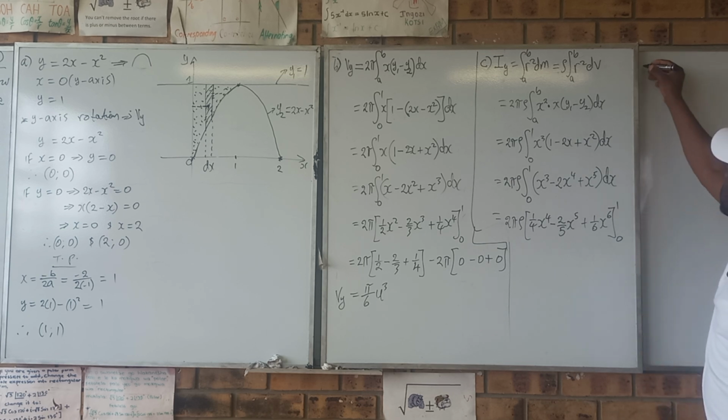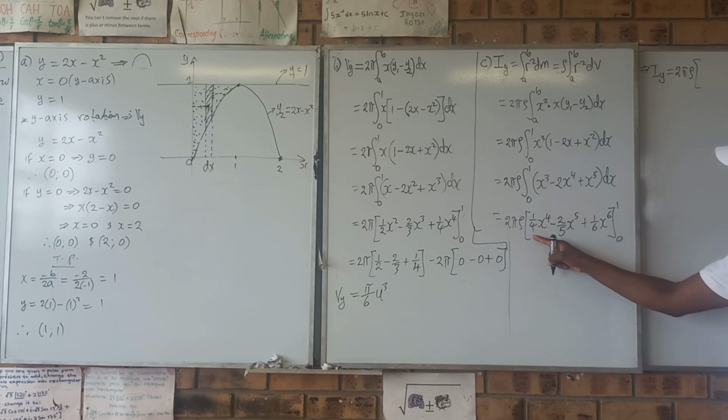I can continue on this side to substitute my limits. So 2 pi density stays out. If I substitute the upper limit, which is 1, I'll replace every x there by 1, so it won't affect the constant. So I'll get 1 over 4 minus 2 over 5 plus 1 over 6.